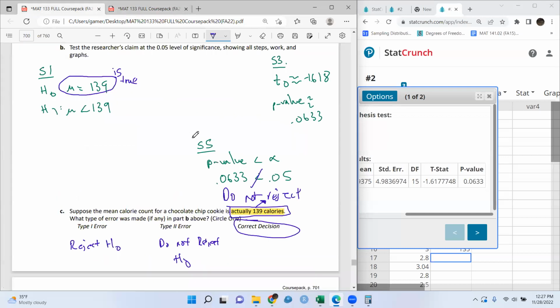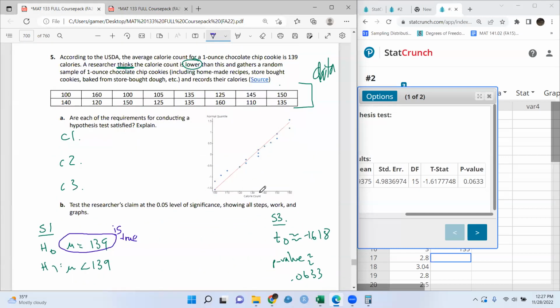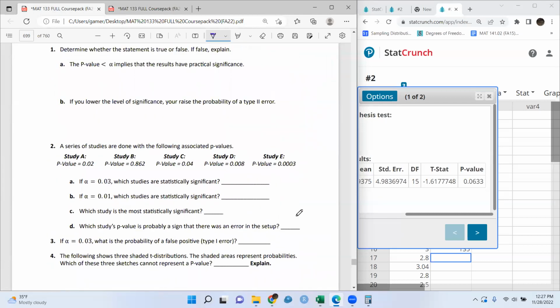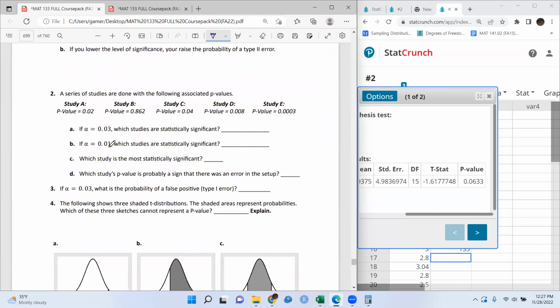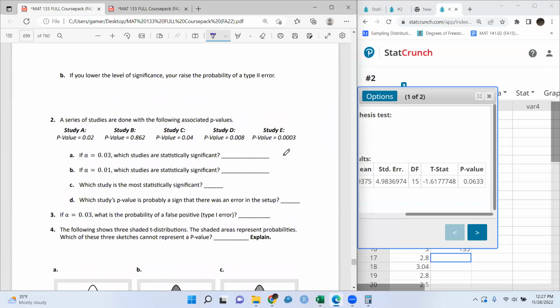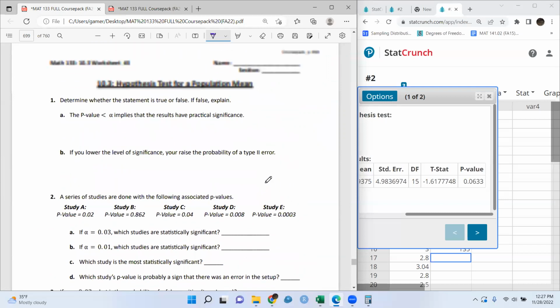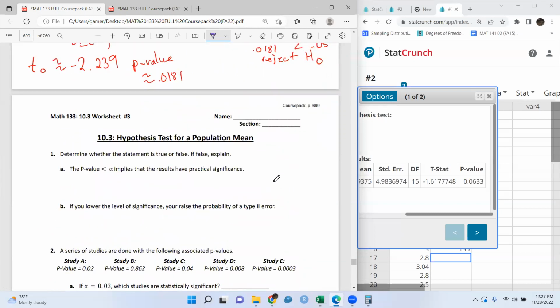Cool. Okay. Boy, we've just been doing it and doing it. The rest of the stuff, questions 1, 2, 3, and 4, are old school questions about the relationship between the p-value, statistically significant, and the critical value and the test statistic. So let's write at the top of our paper real quick the overarching thing we know.